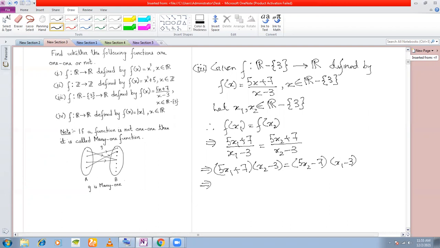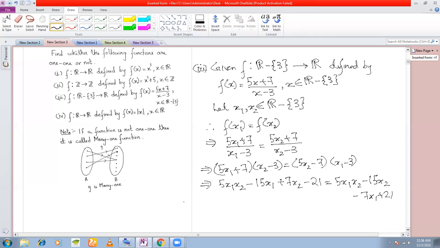Okay, now you multiply on both sides to get 5x1x2 minus 15x1, plus 7x2 minus 21 is equal to 5x1x2 minus 15x2, and then you have plus 7x1 minus 21.